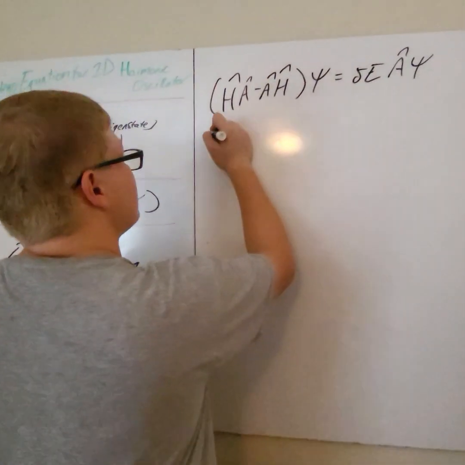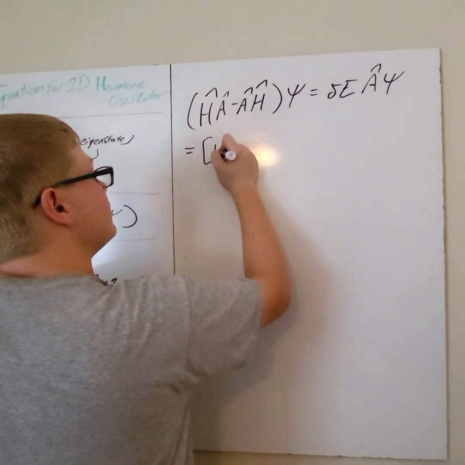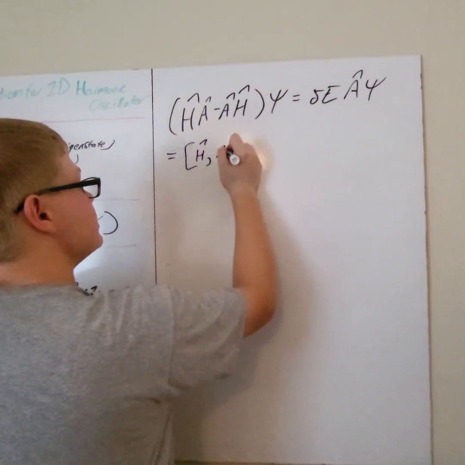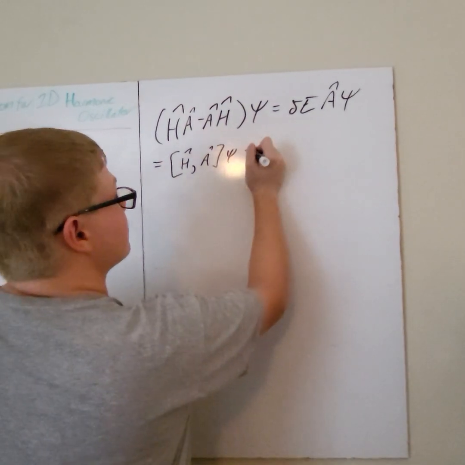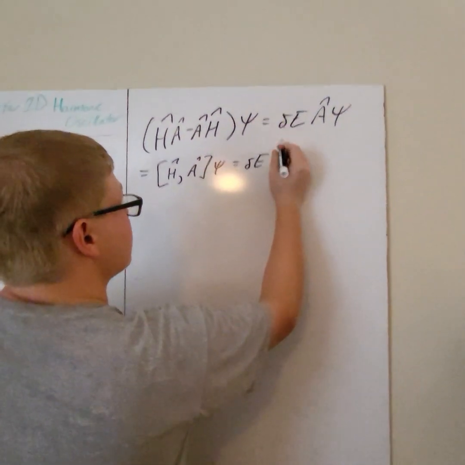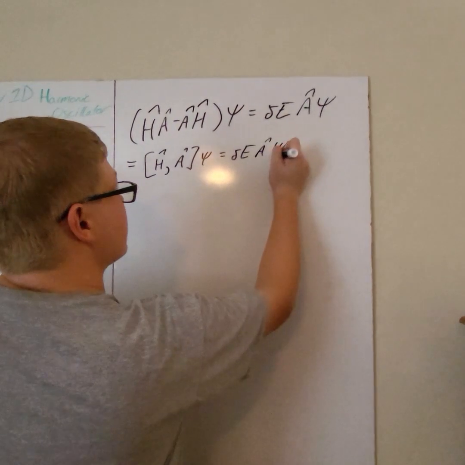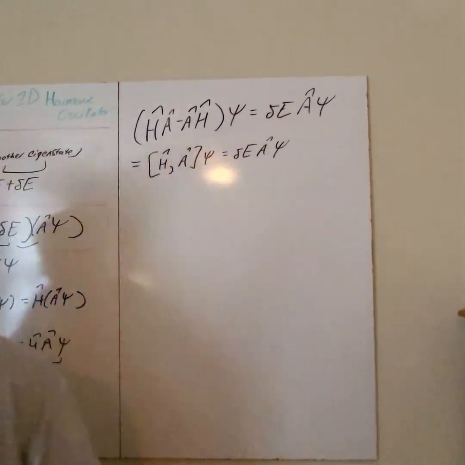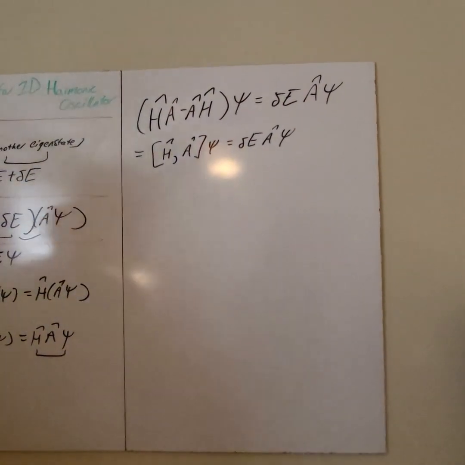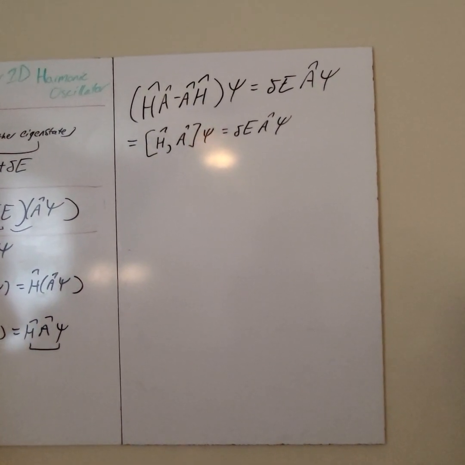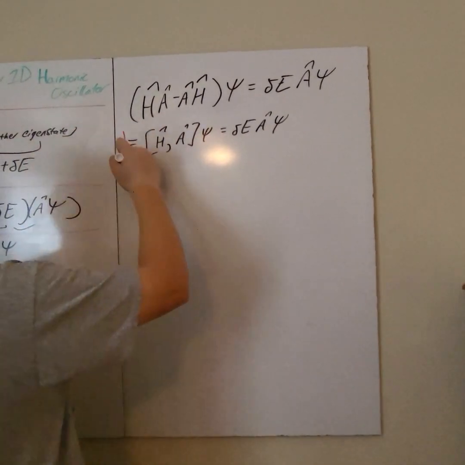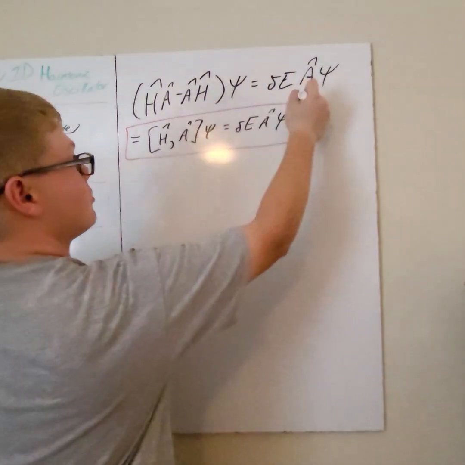Well, this is just the commutator of H hat and A hat acting on psi equals delta E A hat acting on psi. Circle that.